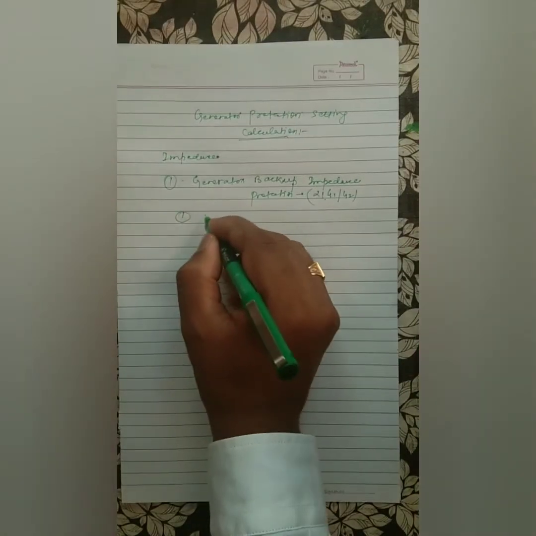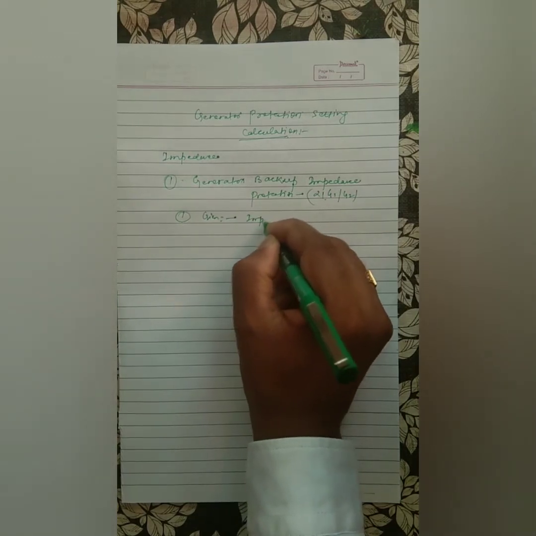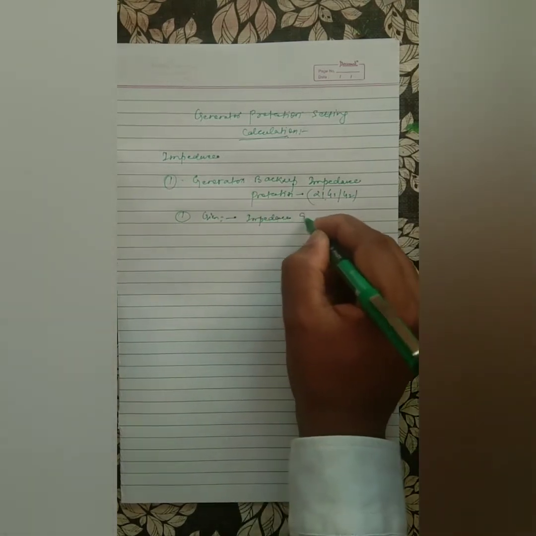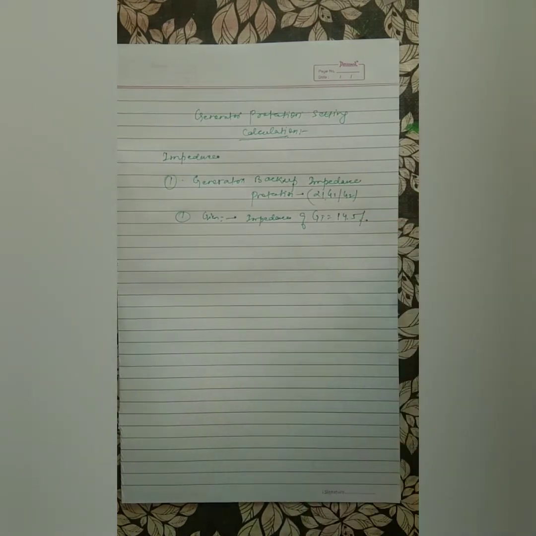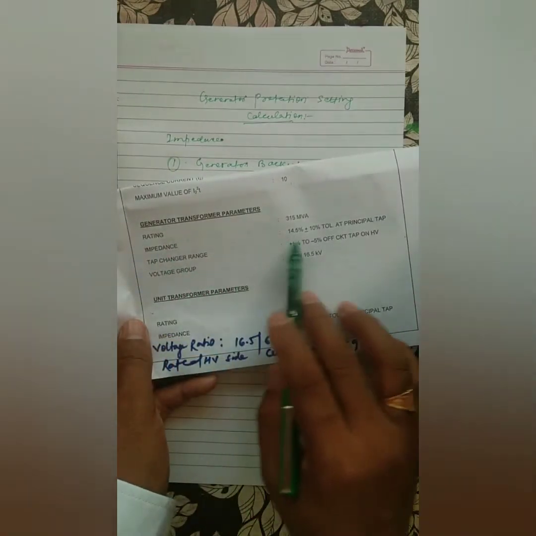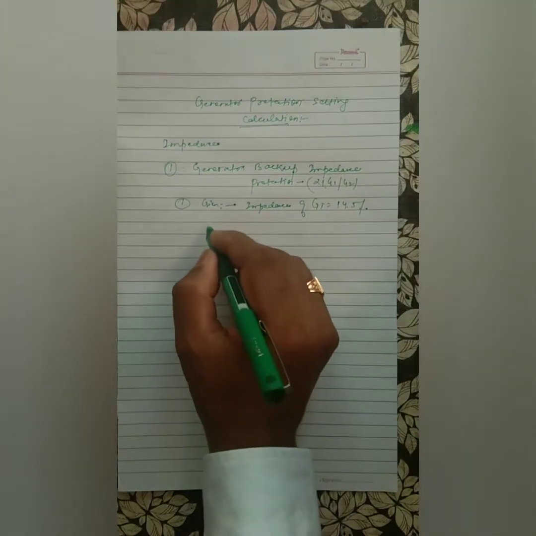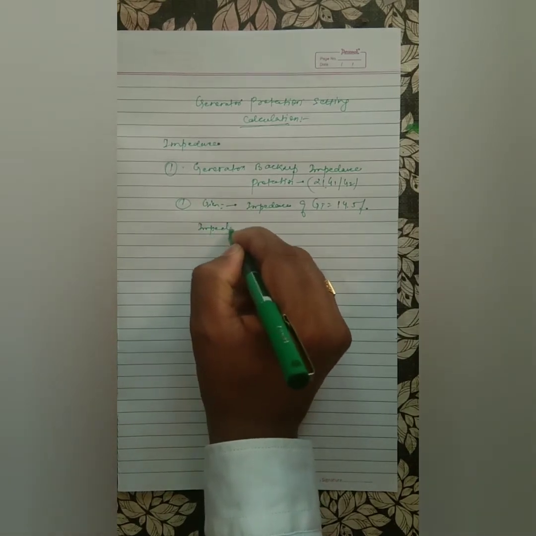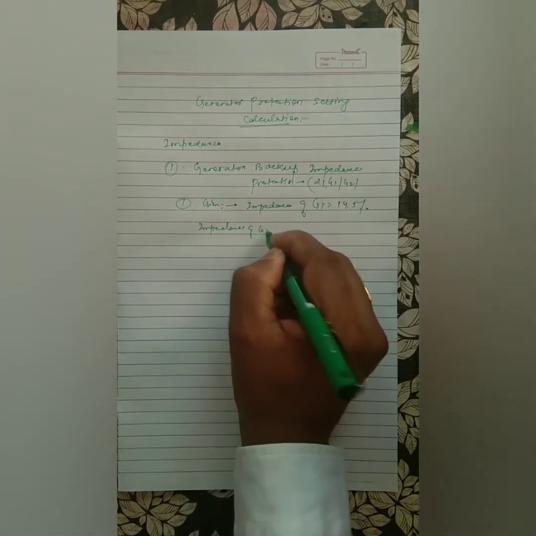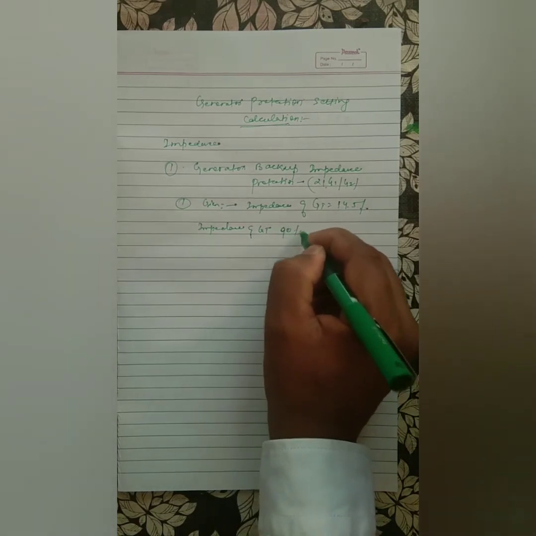So we have given already impedance of GT, 14.5%. As you can see here, impedance rating is 14.5%. So we are calculating the impedance of GT for 90%.